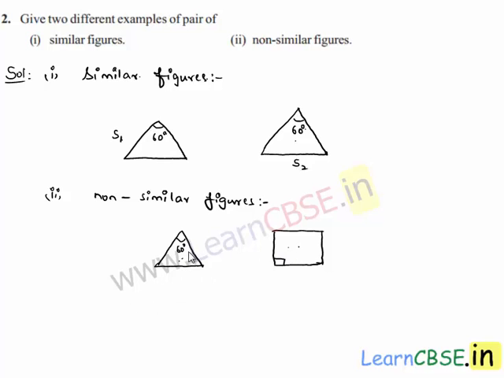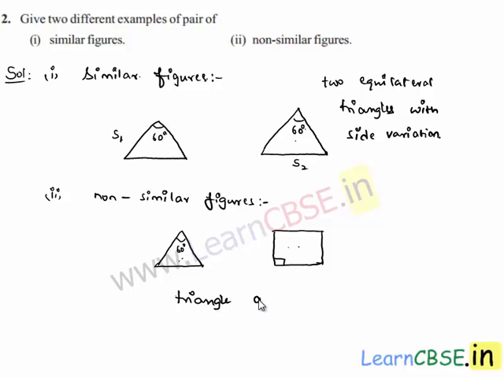So we can say that these two are examples of non-similar figures. So finally we can say that the similar figures example is two equilateral triangles with side variation, and the non-similar figures example is a triangle and a square.